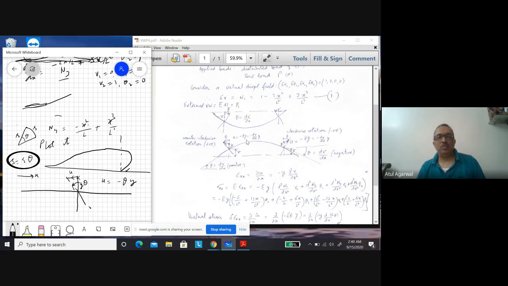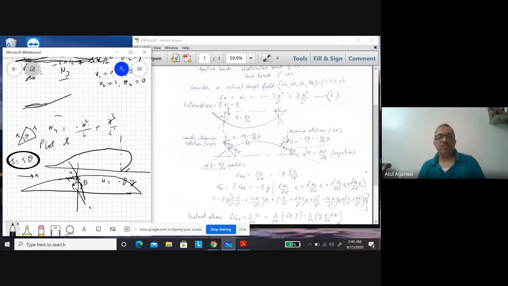So your beam is like this. Initially the plane that was like this, now it rotates. It stays perpendicular to the neutral surface.